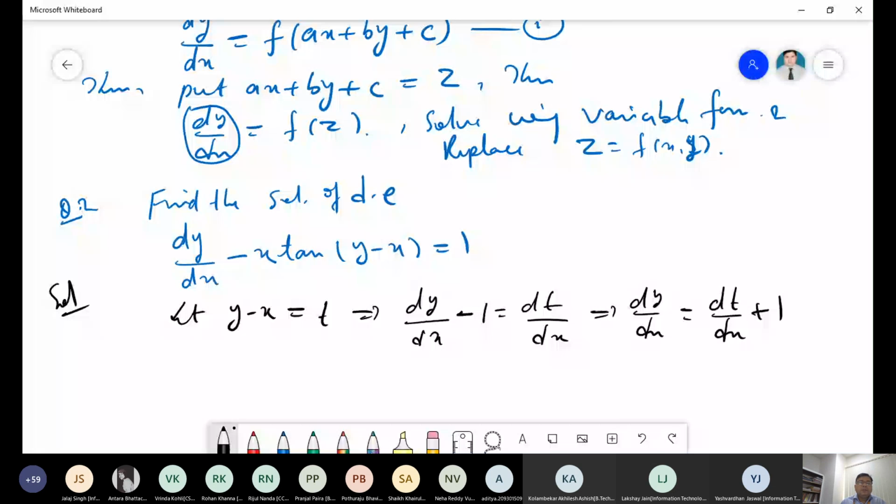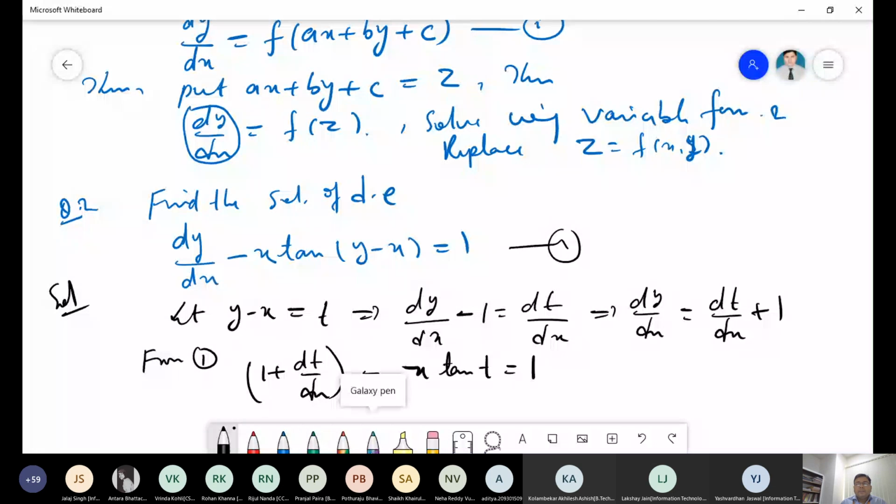Then from equation 1, this will be 1 plus dt by dx minus x tan t equal to 1.